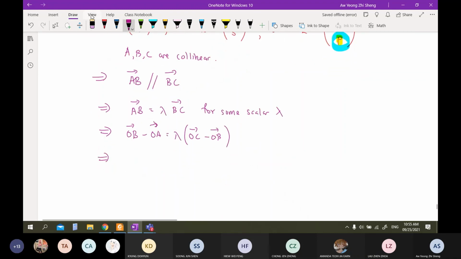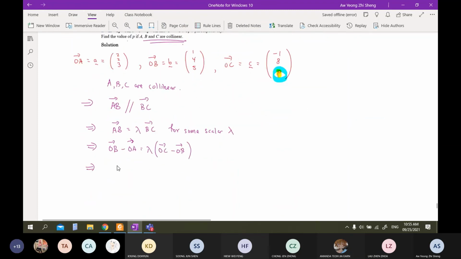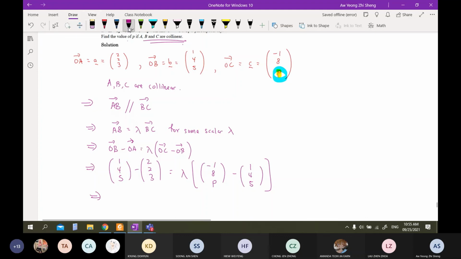Now it's time to sub in the values. OB is (1, 4, 5), OA is (2, 2, 3), OC is (-1, 8, p), then just sub in the values. When things are written in bracket form, it's very easy to do computation.